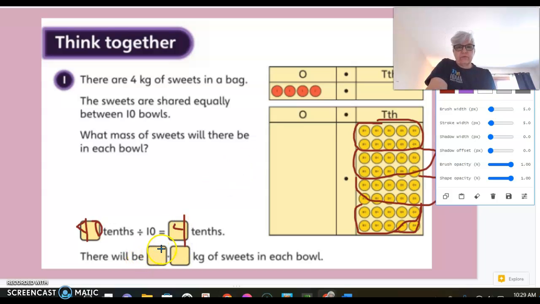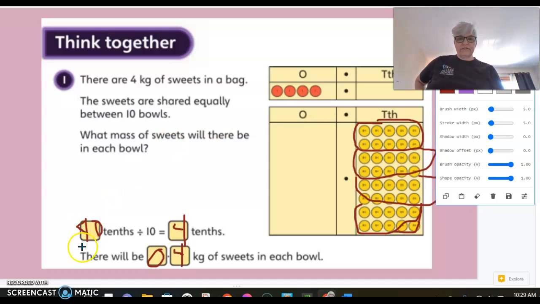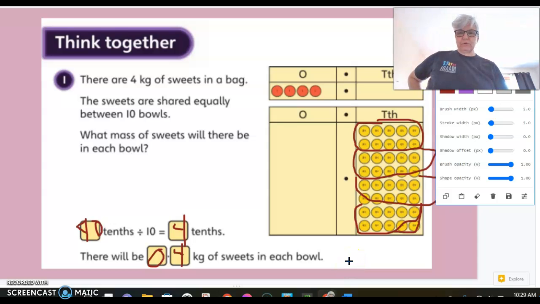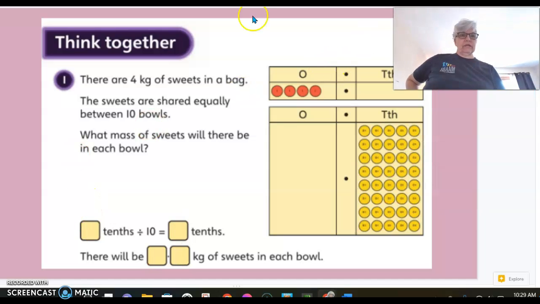So there will be 0.4 in each bowl. This makes it easier. 40 divided by 10 we know is 4. That's easy. We've got 40 tenths, so we have 4 tenths left, so 0.4 kilograms of sweets in each bowl. Questions? Go ahead and stop the video and discuss.